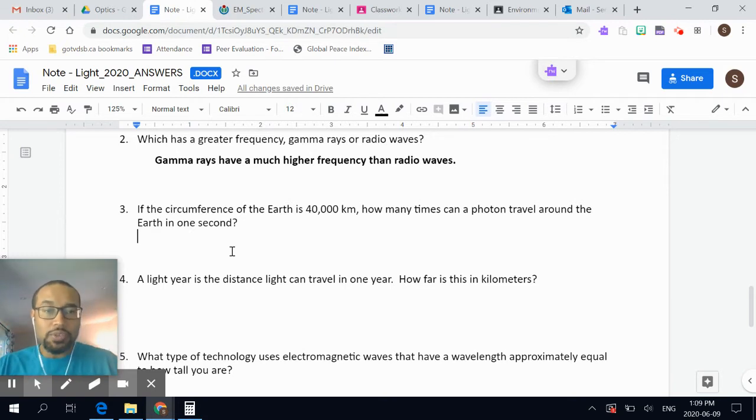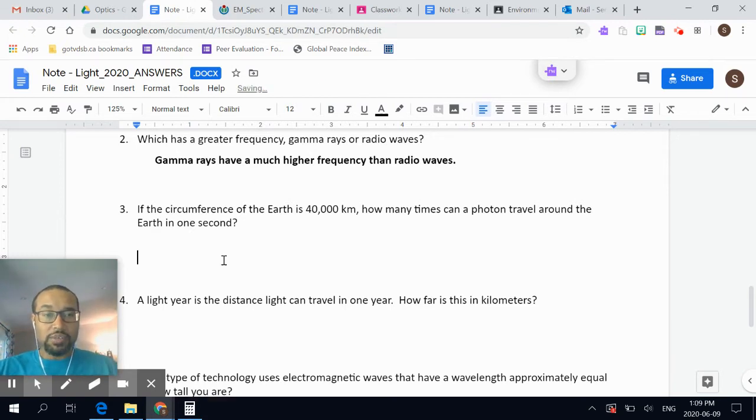So let's do some calculations here. I'm going to write down some things that we know. We know that the speed of light, which is the c in Einstein's famous E equals mc squared, is equal to 300,000 kilometers per second.